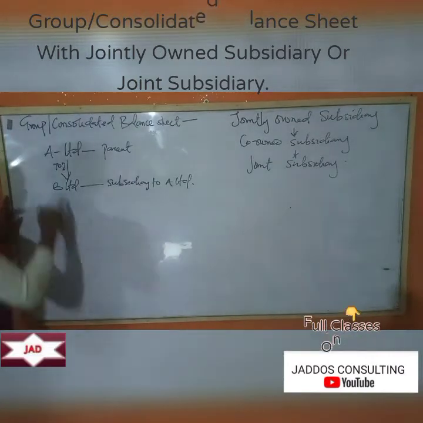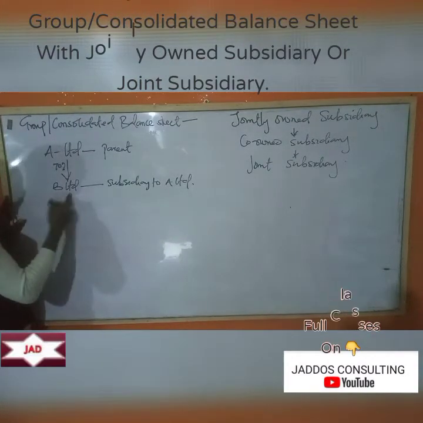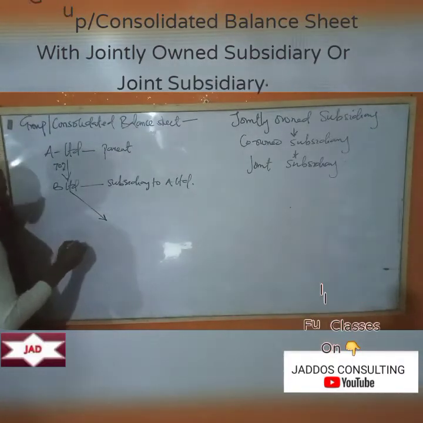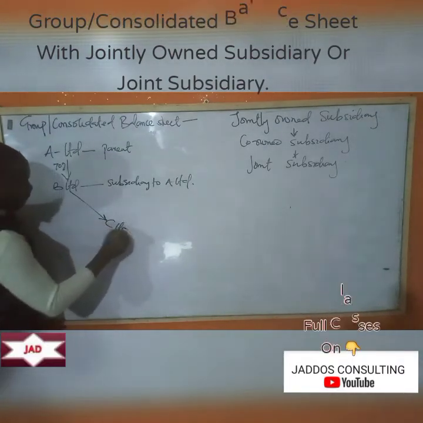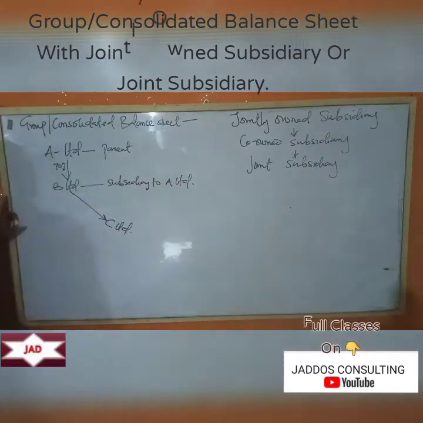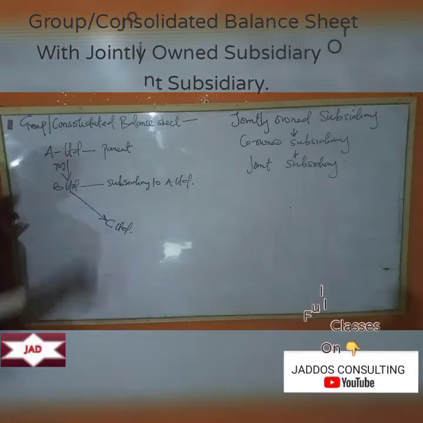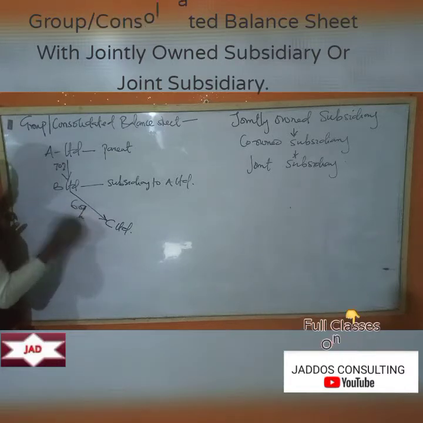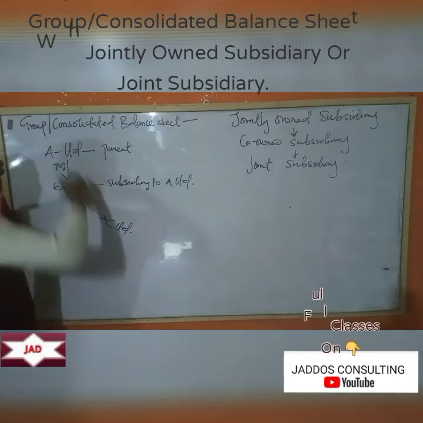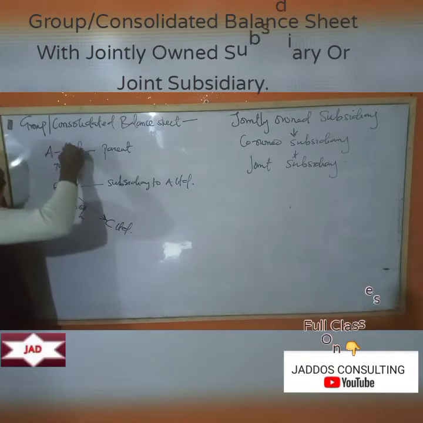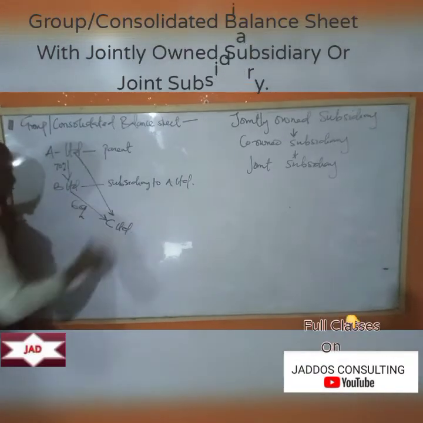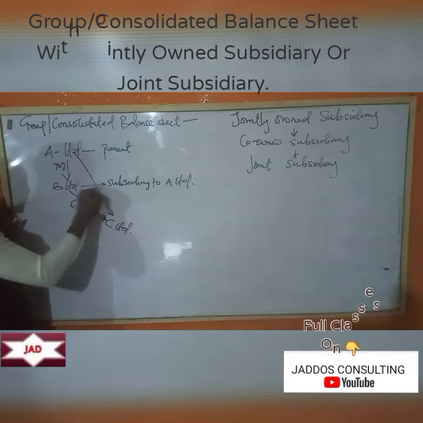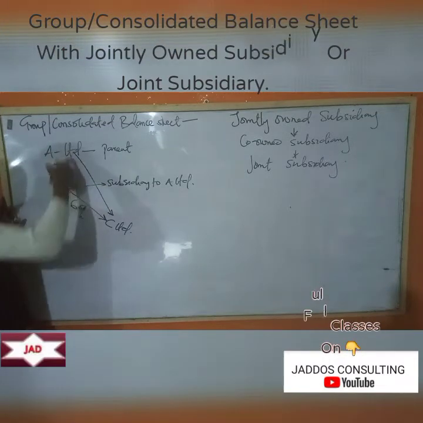Now, B Limited has shares in C Limited. Let's say 60%. A Limited also has shares in C Limited.